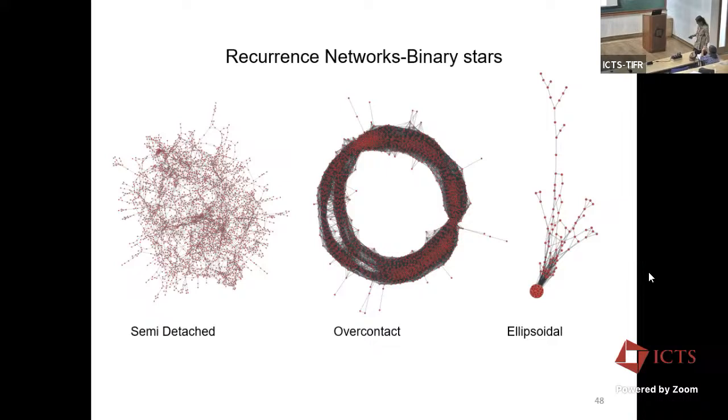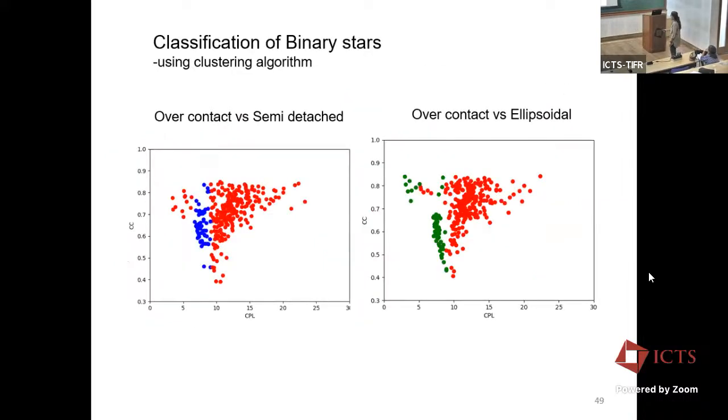Now, calculating these measures, as I said, has one use, which is for classifying them. So we now use a clustering algorithm, and then we use these 2 measures, the clustering coefficient and the characteristic path length. And then we see whether these points, all these over contact is shown in one color, semi-detached is another color. So in this space itself, we can see.